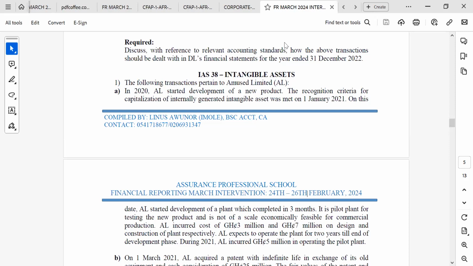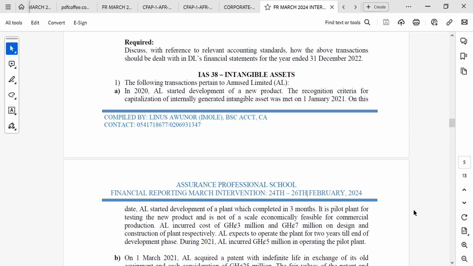Question 1. The following transactions pertain to Amuse Limited. A. In 2020, AL started development of a new product. The recognition criteria for capitalization of internally generated intangible assets was met on 1 January 2021. On this date, AL started development of a plant which completed in 3 months.